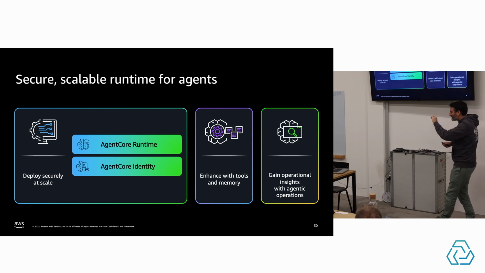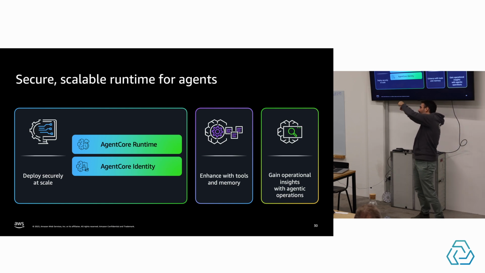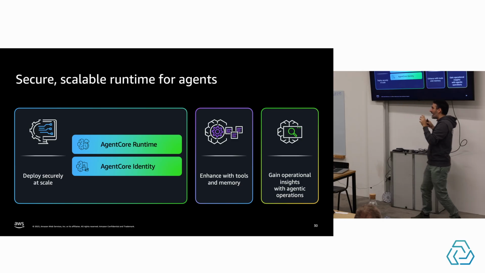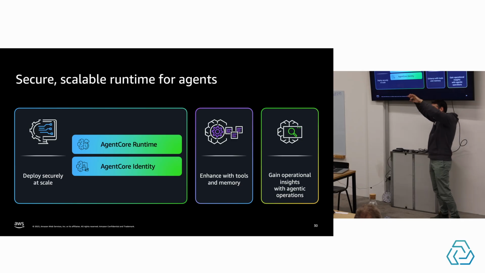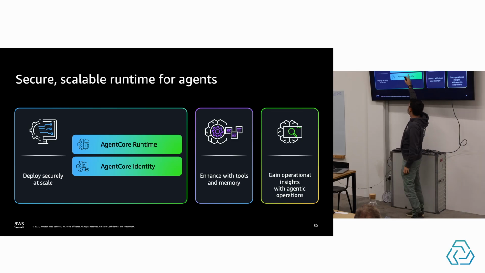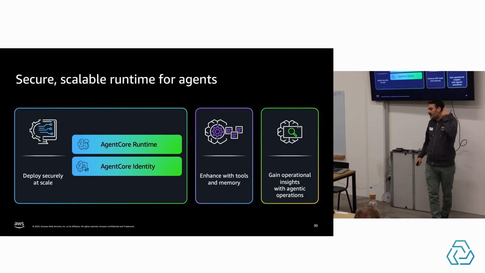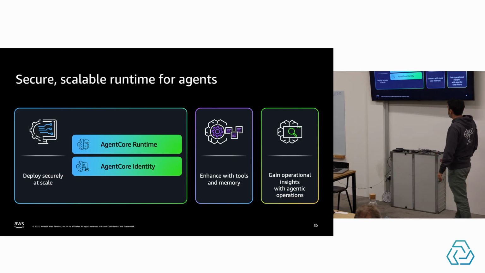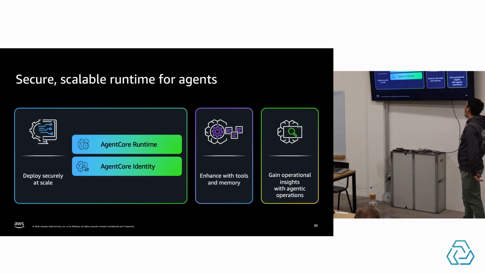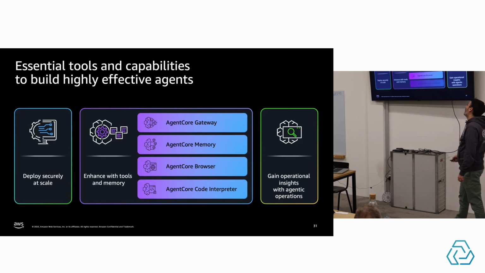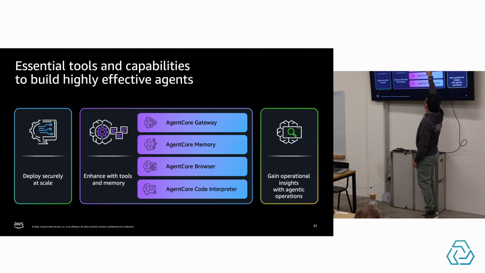But you would still need a lot of engineering around making sure that identity, observability, memory, and everything around the applications would be easy to interface. This is why there is Agent Core Runtime, which sounds like ECS and also interfaces with identity and other tools. Then we have a gateway.